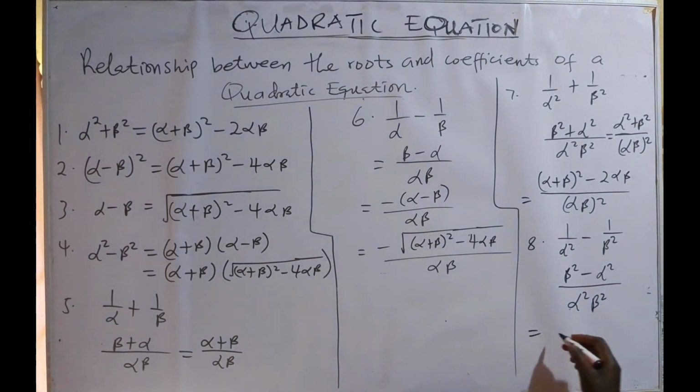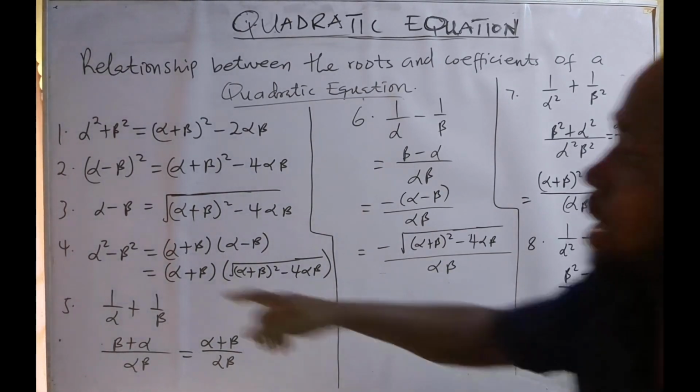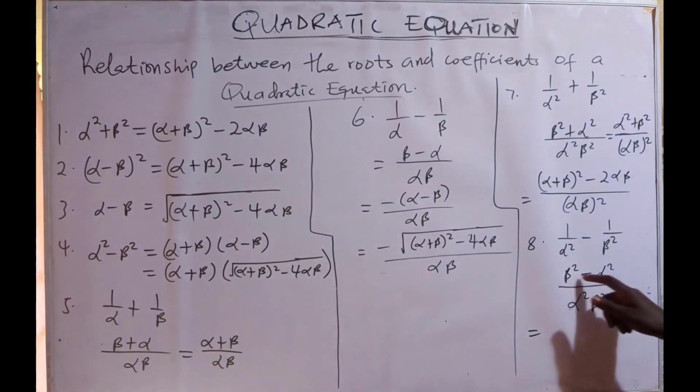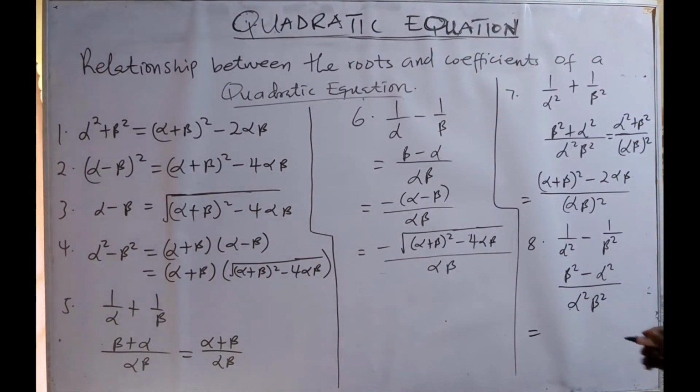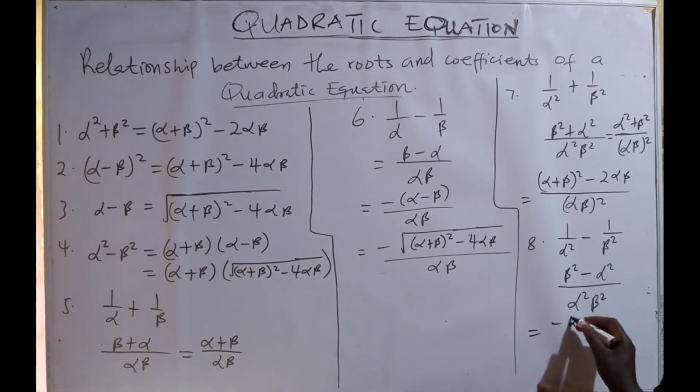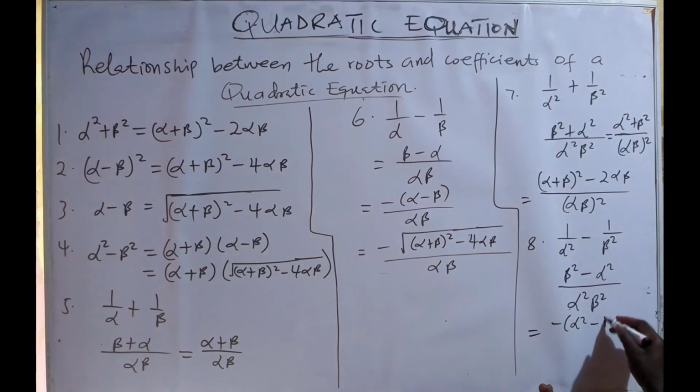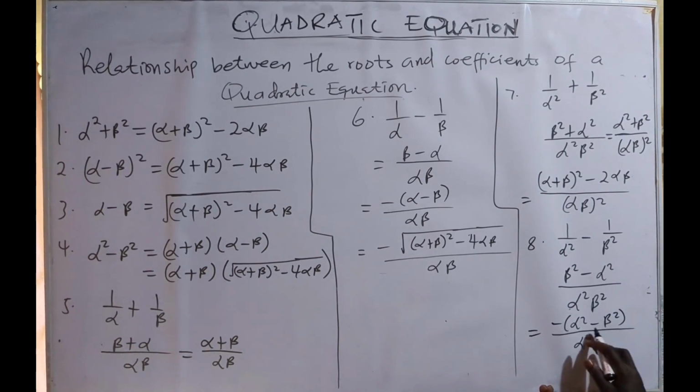So what do we have? Okay, so what we have here is alpha squared minus beta squared. So let's write this as alpha squared minus beta squared. That will be minus alpha squared minus beta squared, all divided by alpha beta all squared.